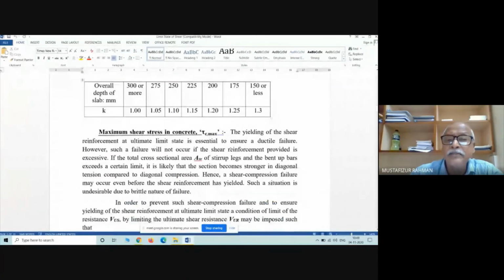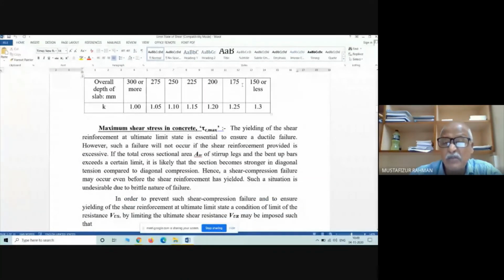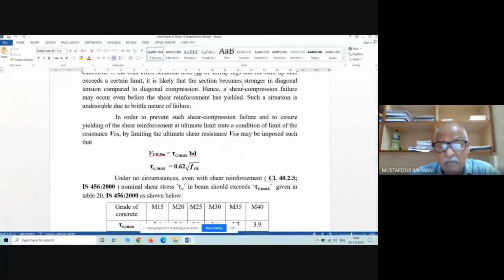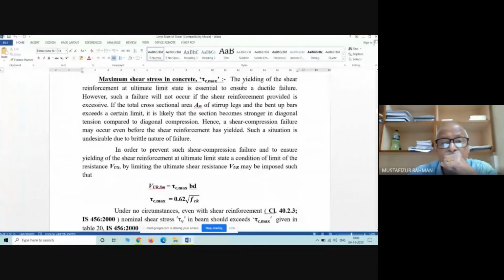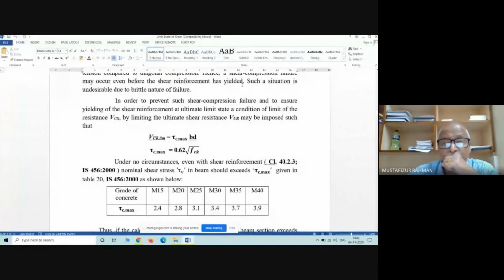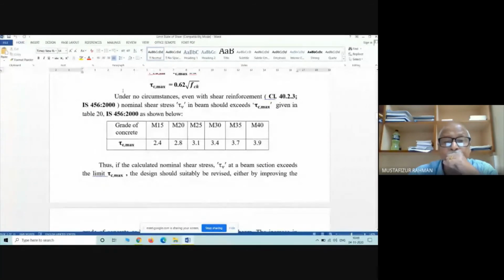Let's see here. This table gives tau C maximum. If tau V happens to be more than these values, the member will not be able to resist.